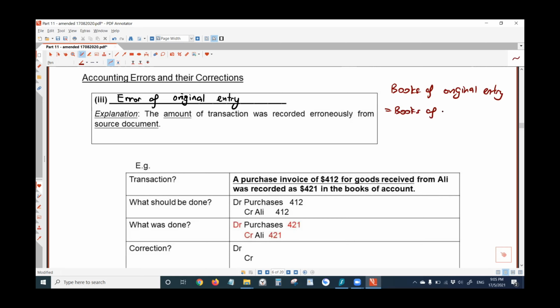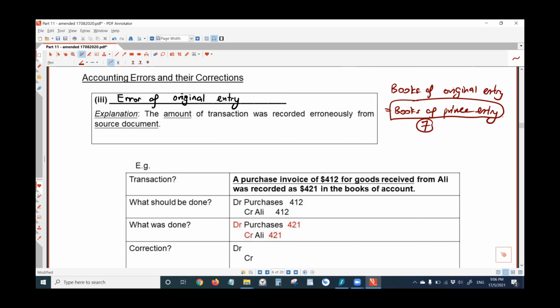These two are synonyms of one another. Books of original entry means the same as books of prime entry. Remember, there are a total of 7 books of prime entry: the sales journal, sales return journal, purchase journal, purchase return journal, cash book, general journal, and one more, petty cash book. All these names must be remembered. There is a lot of vocabulary to memorize.